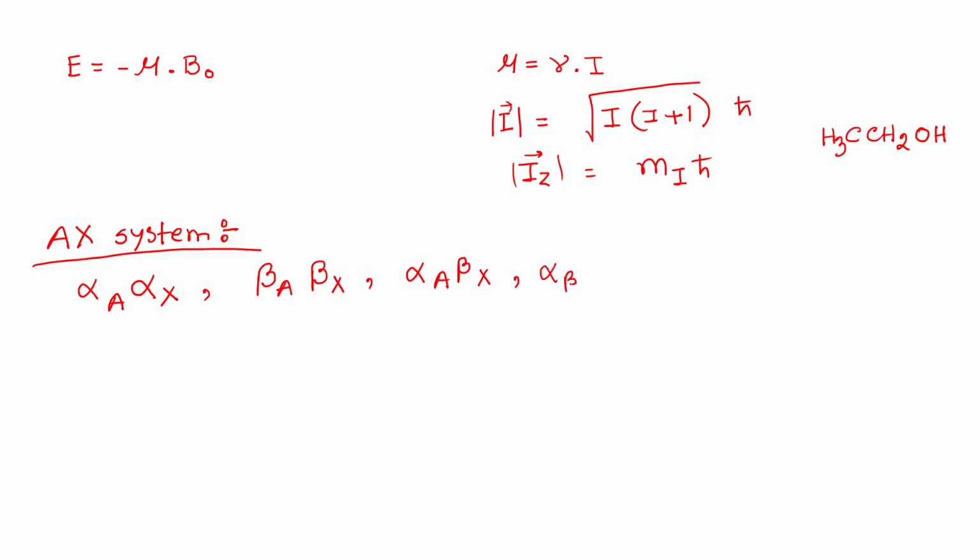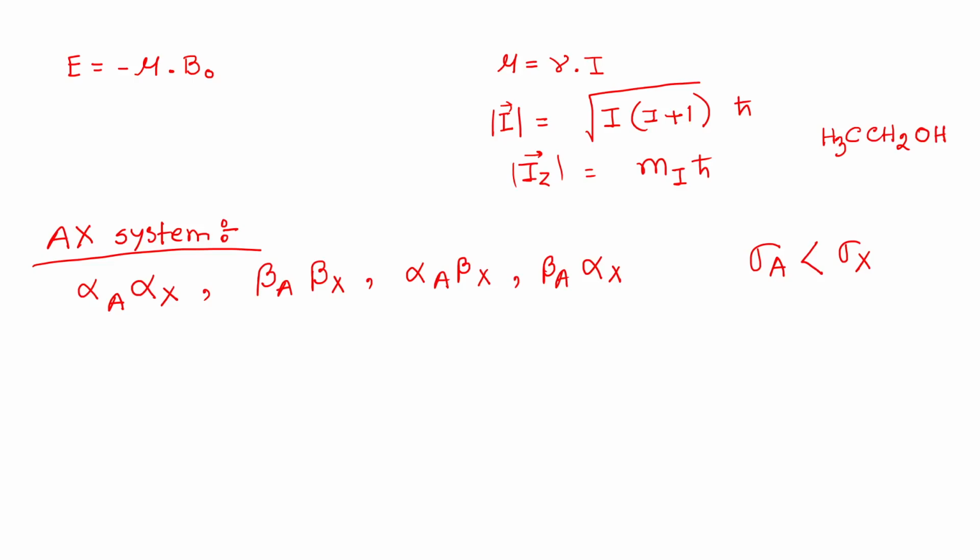Then, maybe I will write beta A, alpha A. So let me give you another condition where your shielding constant for A is less than the shielding constant for X. What is that going to result in?